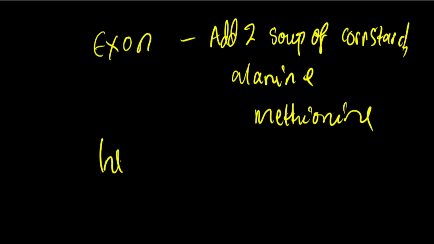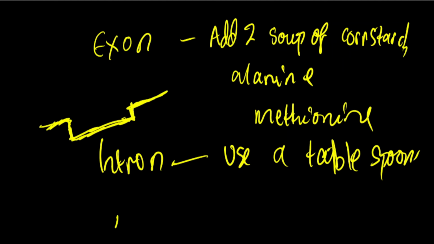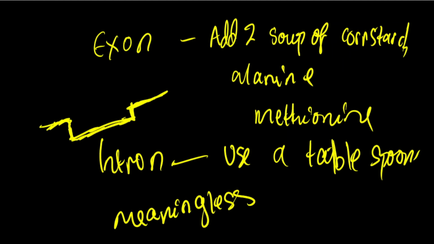The intron, however, would be this meaningless series of nucleotide sequences, okay, so it could be AG, AGC. AGC is not necessarily meaningless, but this is just an example. Okay, so it would be that series of meaningless nucleotide base sequence, and sometimes they actually interpose.